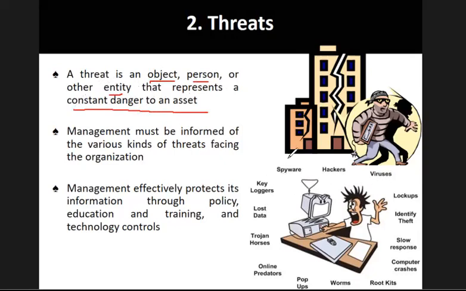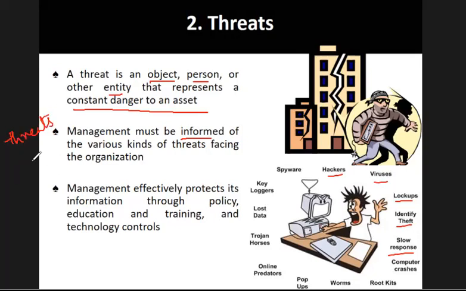Now, different types of threats are mentioned in here. You've got spyware, hackers, viruses, lockups, identity theft, slow responses, worms, Trojan horses. These are all the threats. When a particular organization faces different types of threats, all of these threats need to be informed. Management should know what the different threats within an organization are.